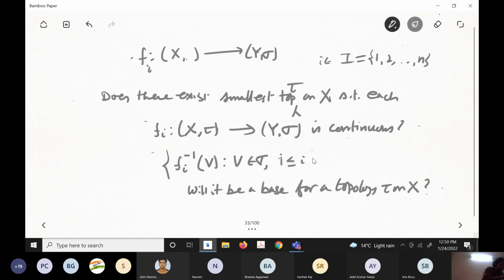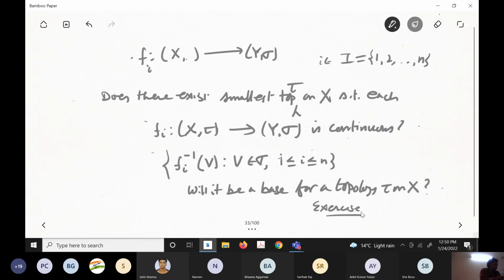The infinite case I will handle later, it will be something different. So will it be a base for a topology? That's the question. That you should check. This is an exercise.